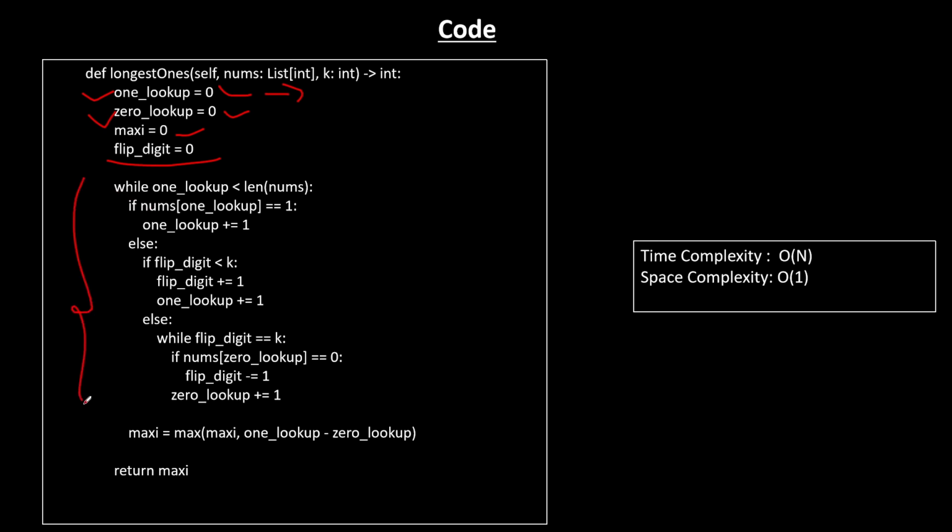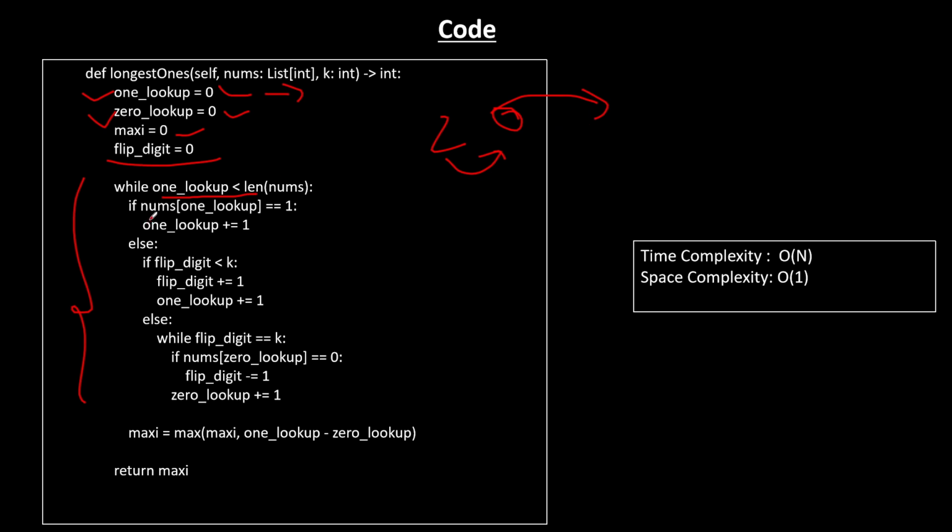And in the while loop, we're just putting the condition that while one lookup is less than length. Why? Because this is zero lookup here and one lookup here, and one lookup will always be ahead of the zero lookup no matter what. That's why we have put the condition that whenever one lookup goes out of bound, we will break out of the loop.